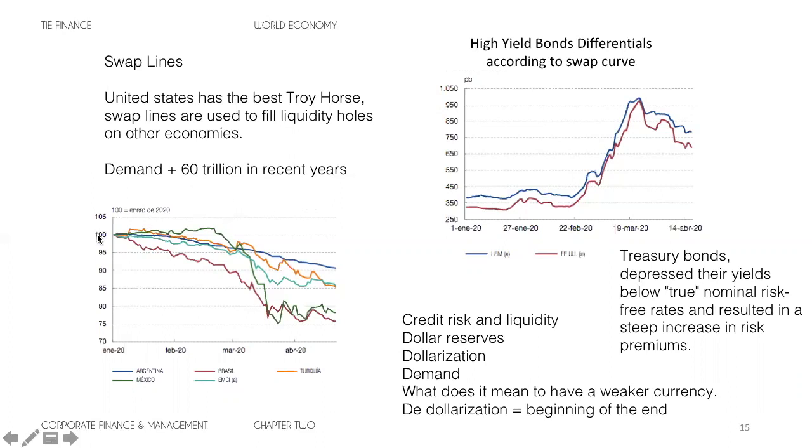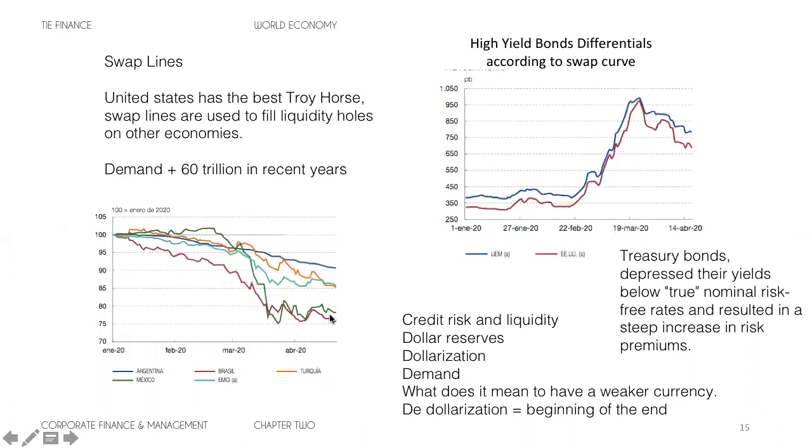So this is the performance of the fiat currencies of other countries like Mexico and Brazil, which are these two lines. And this is how they performed in the March crisis of 2020 with the pandemic. They basically just went to the floor.